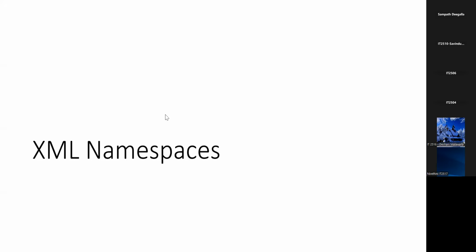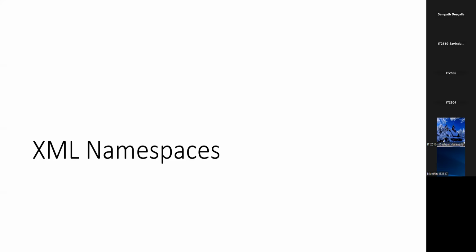Right. We are going to discuss a very important topic we call namespaces. I think namespaces are applied in other contexts as well. Mainly what I want to discuss here is that we are allowed to use any user-defined tag names.